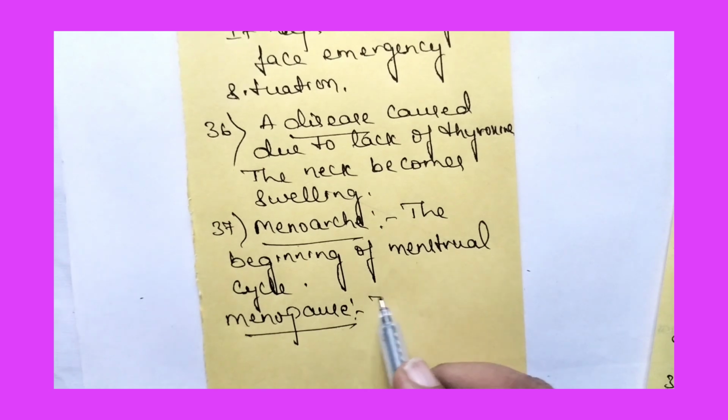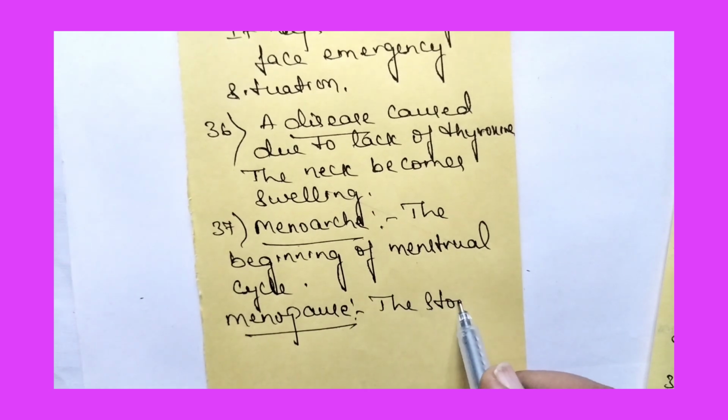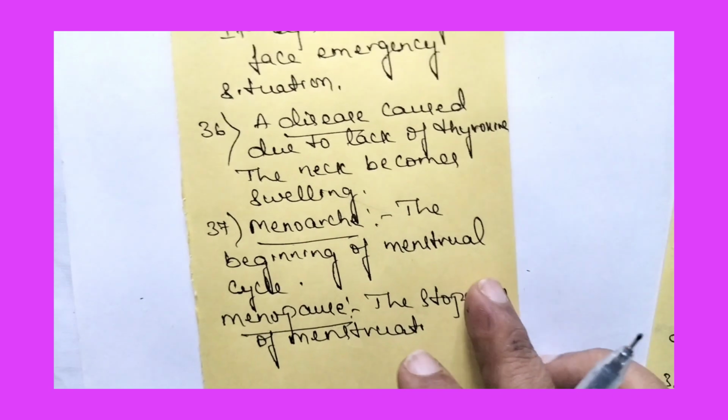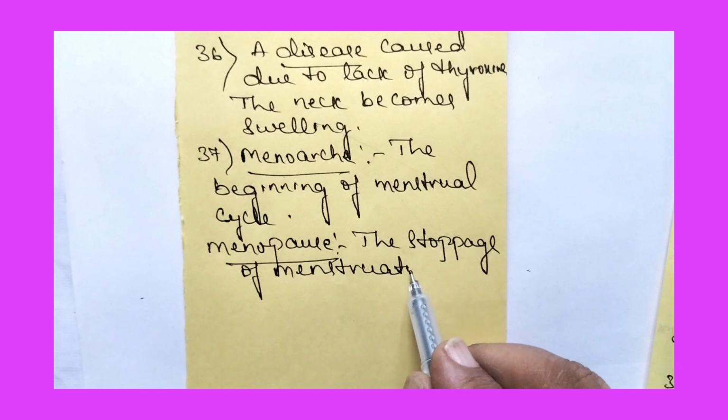Menopause is termed as the stoppage of menstruation. The stoppage of menstruation is called menopause.